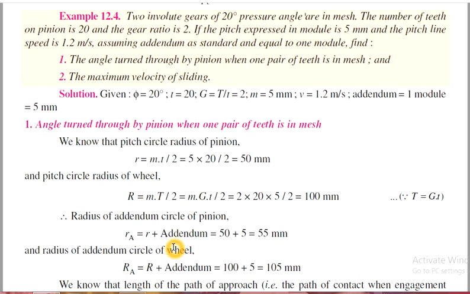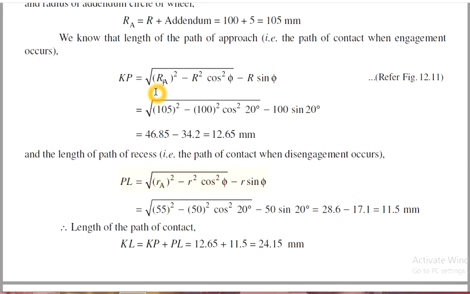Then the length of path of approach and recess, totally it is called the path of contact. This is the approach formula and this is the recess formula. Everything is of the same relation, that is approach is related to the wheel and recess is related to the pinion.